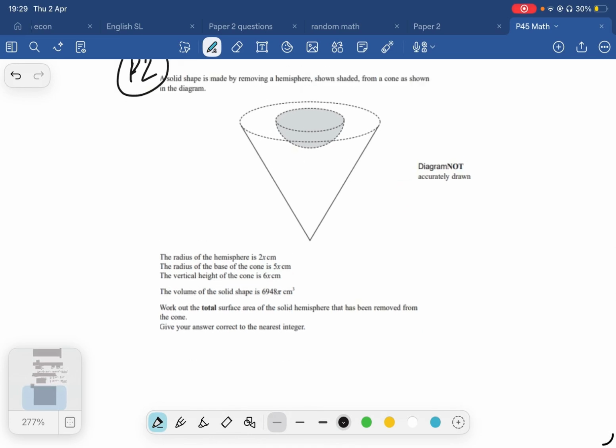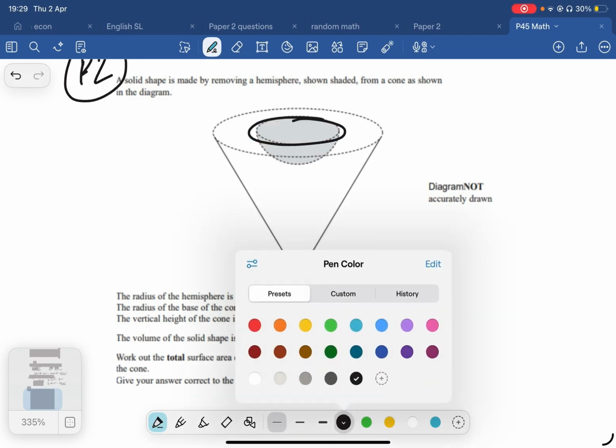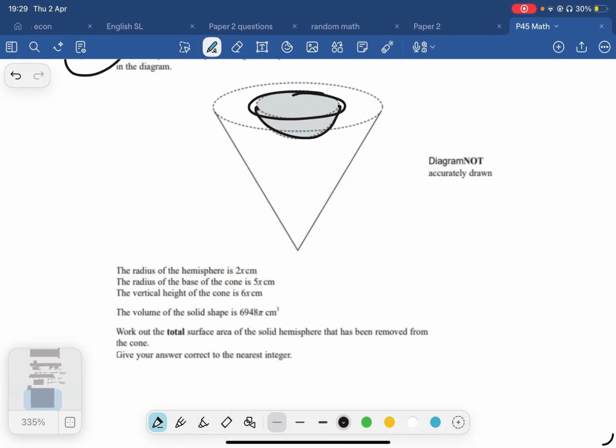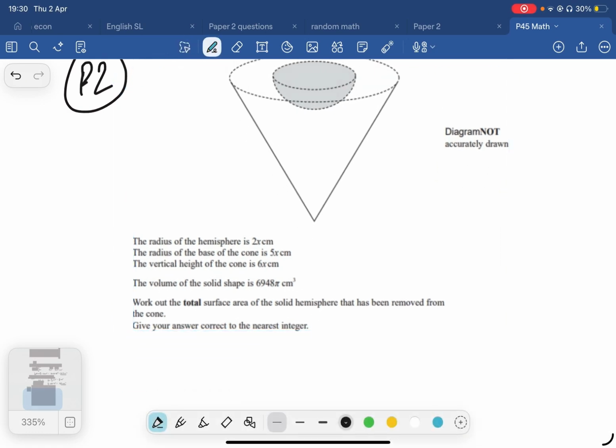Okay, so a solid shape is made by removing a hemisphere, shown shaded, from a cone, as shown in the diagram. So that's the hemisphere, and they remove it from the cone, basically. The radius of the hemisphere is 2x.